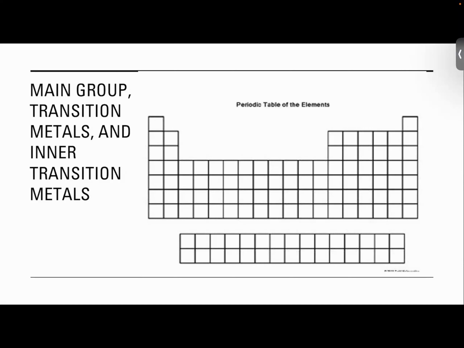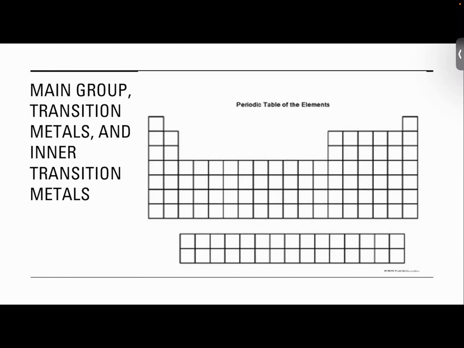These are known as the actinides because technically they follow actinium. Now, these are called inner transition metals because if you were to actually draw the periodic table according to atomic number, these two rows would be placed right here, and this table would wind up expanded way over there. They do this to condense the periodic table so you can put it on a sheet of paper easily. That's the main reason they do it.